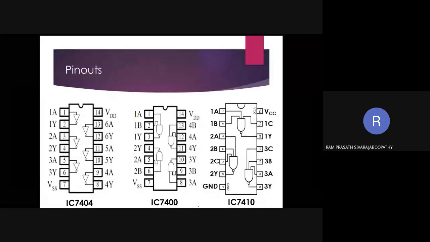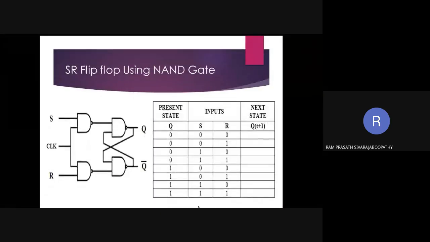Okay. Fine. Next. So this is the circuit diagram of SR flip-flop. Can you people fill out this next state? Can you tell? Present state 0. S and R are 0 0. Both are 0, what did we say? Srihari, yes.